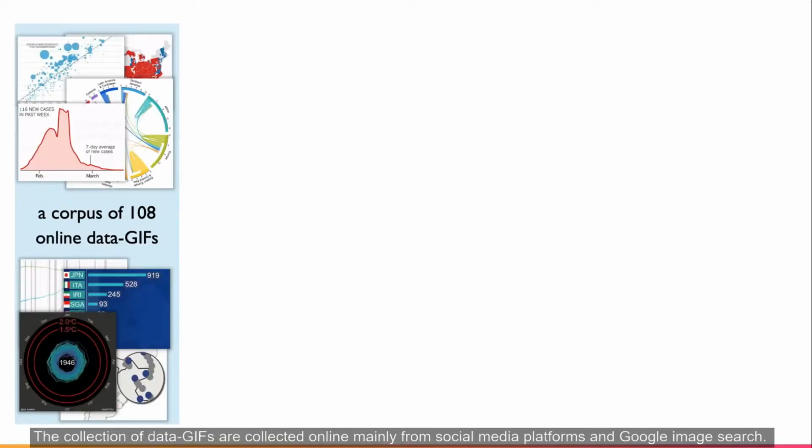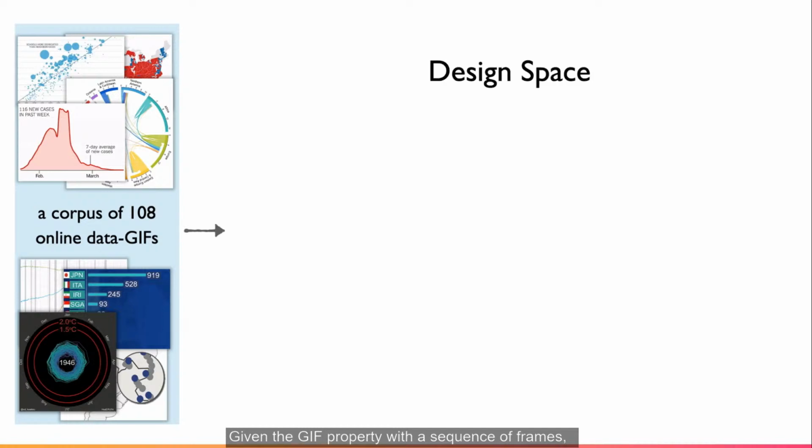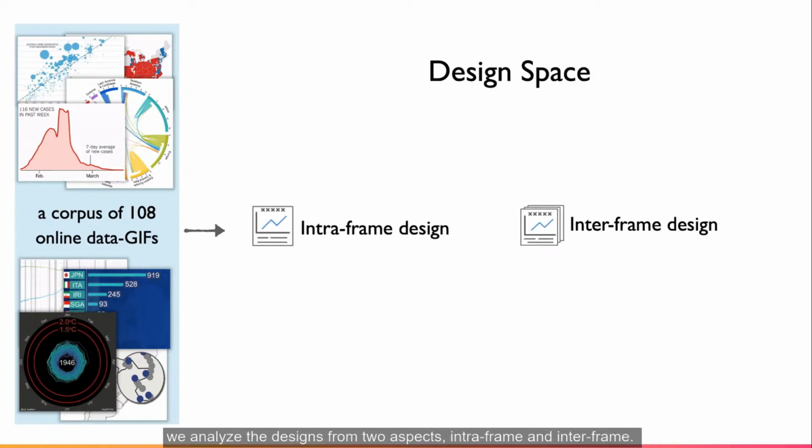The data GIFs are collected online mainly from the social media platforms and Google image search. The survey aims to span a wide range of visualization and animation designs to improve the diversity and exclude duplicate GIFs. Given the GIF property with a sequence of frames, we analyze the designs from 2 aspects, intra-frame and inter-frame.